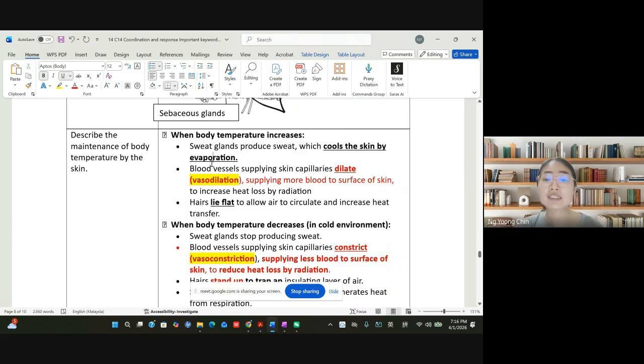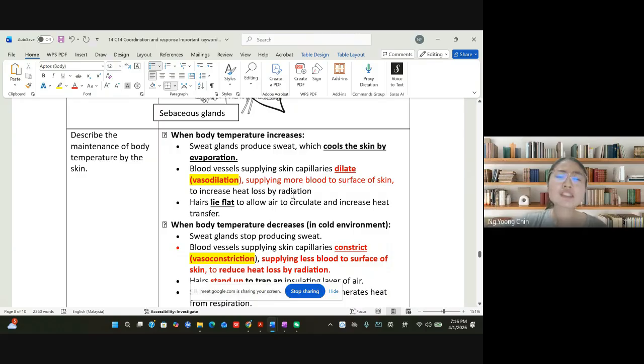And then your blood vessel, they will do what? Vasodilation. Vasodilation refers to what? The lumen of the blood vessel becomes big, 血管扩张, which refers to the blood vessel increasing in their lumen, increasing in diameter. Why? It's because they want to supply more blood to the skin surface, so they can increase heat loss by radiation.